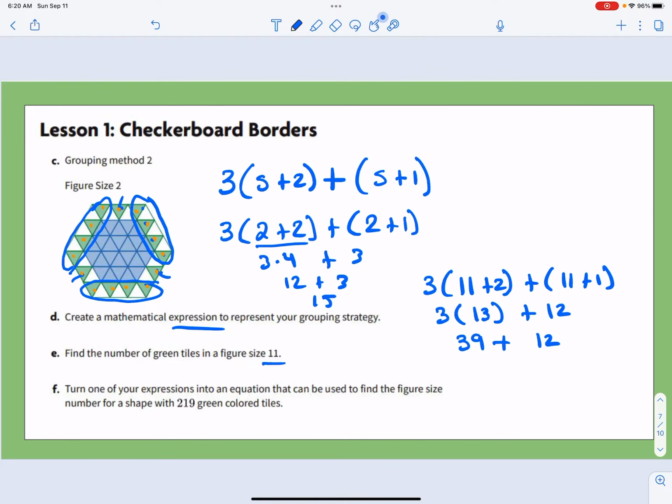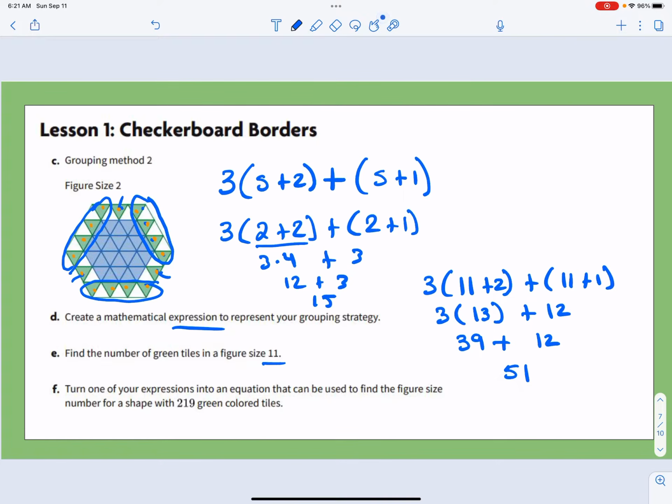We're going to have 51. Okay. So the question is that accurate? Is that going to work? Hard to say. It might for that grouping strategy. It's possible. Yeah. So it might.